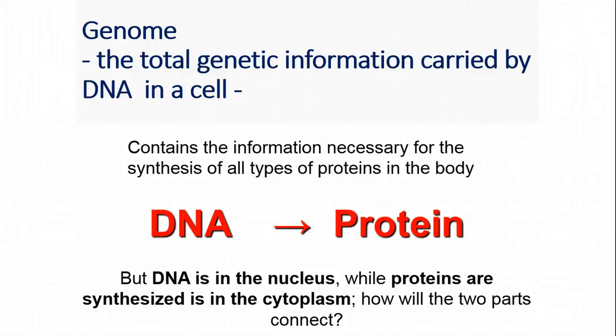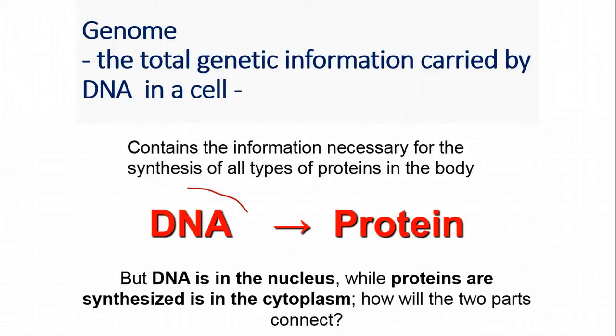So the term genome refers to all of the genetic information carried by DNA in a cell, whereas the word gene refers to the information that encodes for one single protein. So the genome contains all the information that's necessary for the synthesis of all types of proteins in your body. But we have a problem.